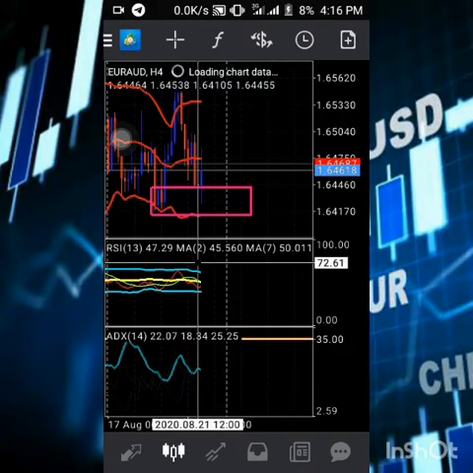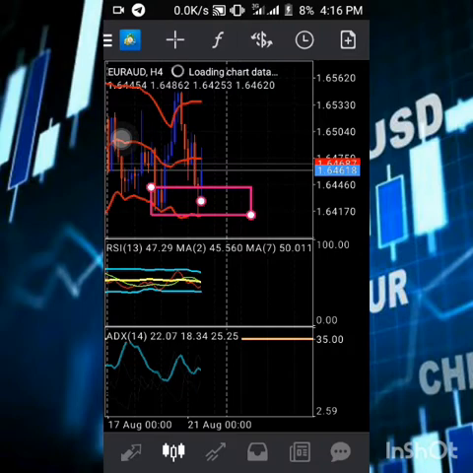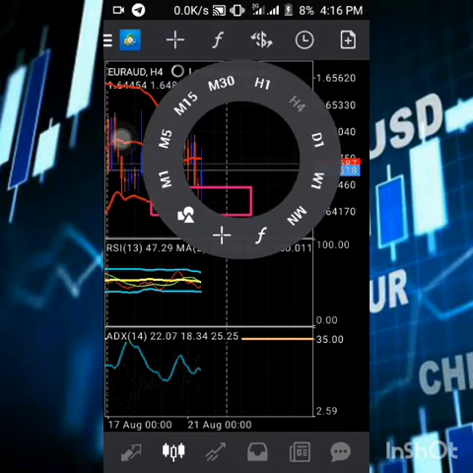So go to our 15 minutes time frame to look for an entry point.